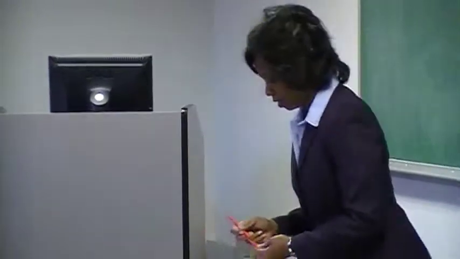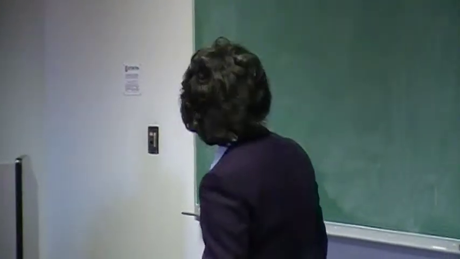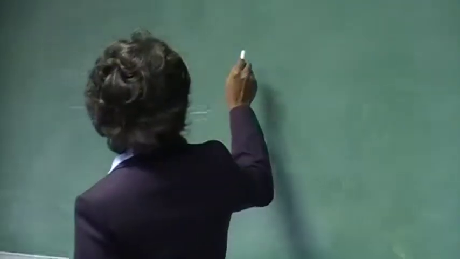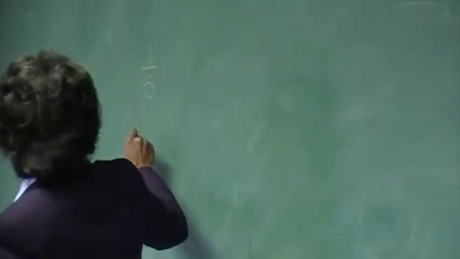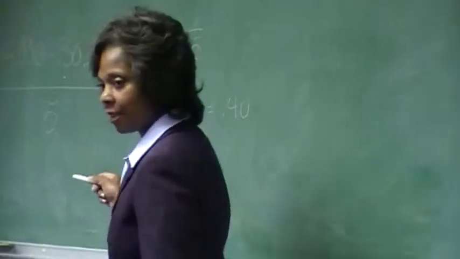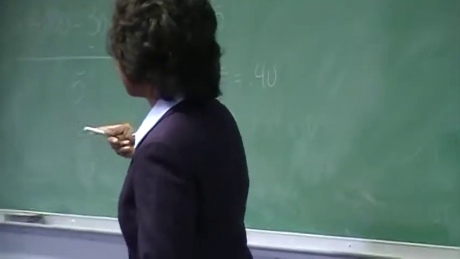Okay. Next, the double declining balance method. Do you remember the steps? What's step 1? Determine your straight line rate. 1 over 5. Then the next one is to double it, which is 2 over 5, which is the same as 40%, right? And you multiply that by the book value, and the book value of the first year is the cost of the asset.